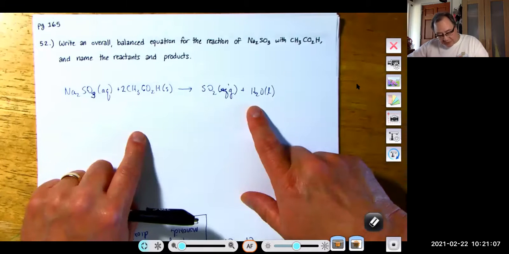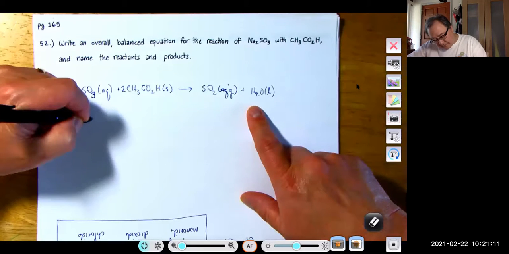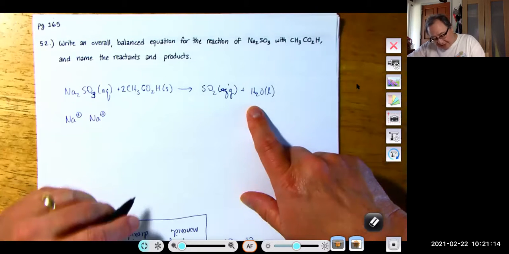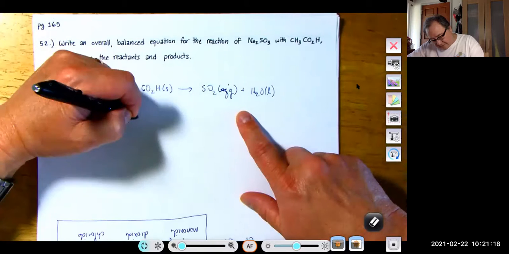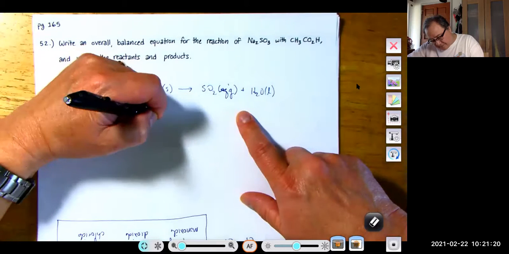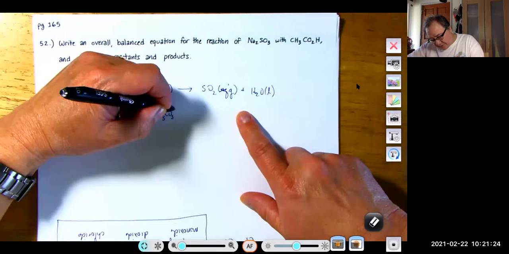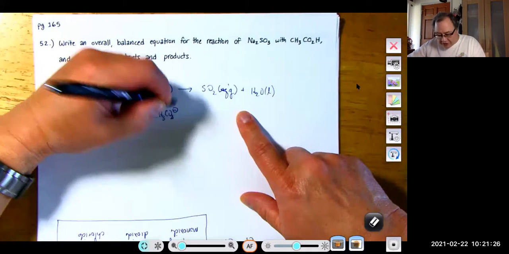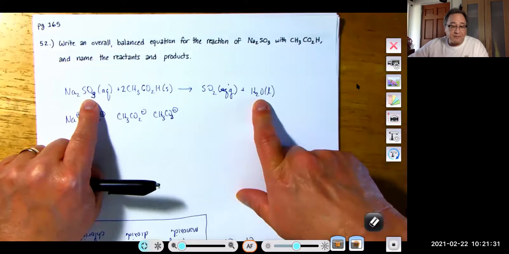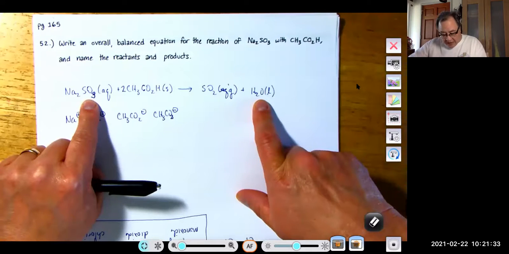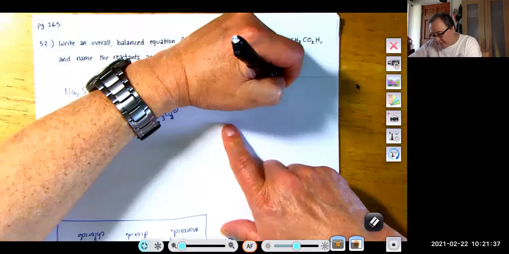And if we look at what hasn't reacted, we have 2 sodiums and we have 2 acetates. Whoops. And you might be wondering, well, what about this other oxygen? That other oxygen ends up here as part of water. So how do we write a formula for what remains? And that is like this.